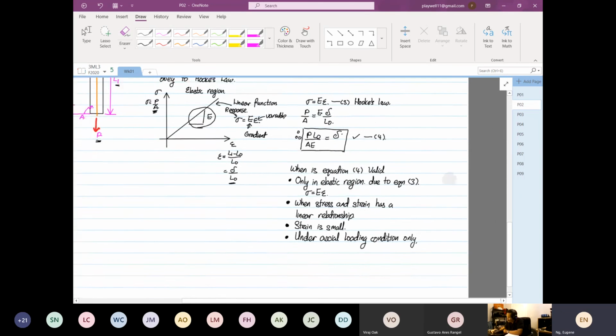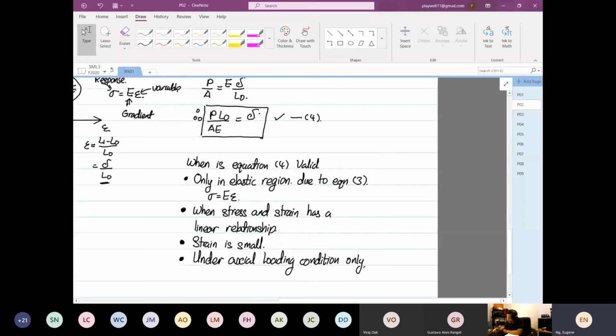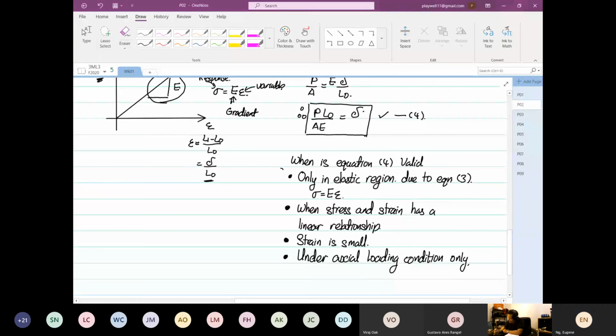Okay. Now, how do you know all this? All these terms that you see down here are known as the operating boundary.